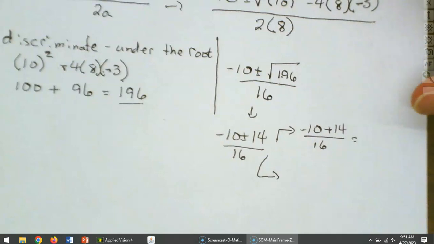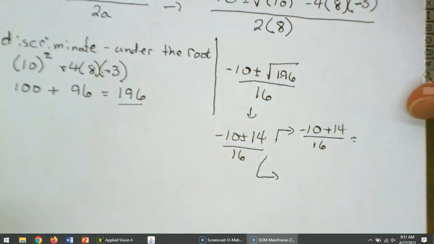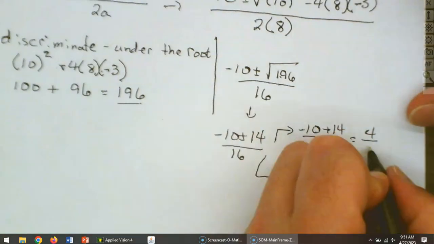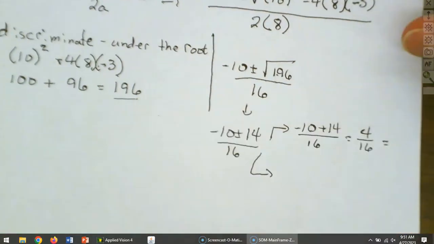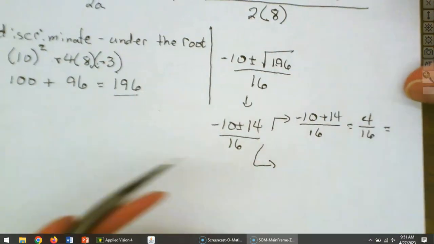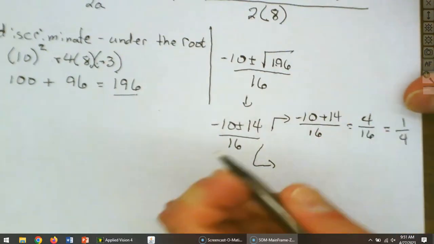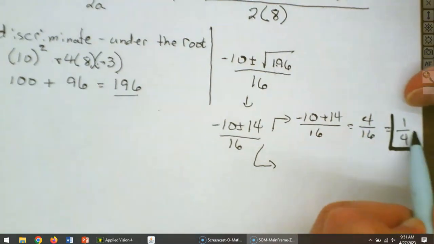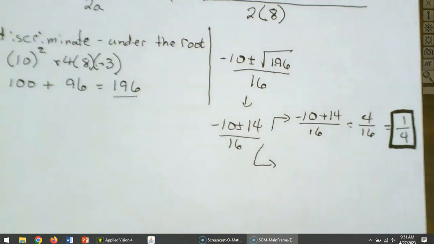Minus 10 plus 14, that's a positive 4 over 16. And what does 4 over 16 reduce down to? These have a 4 in common, so it reduces down to a 1/4. There is one of your two solutions.